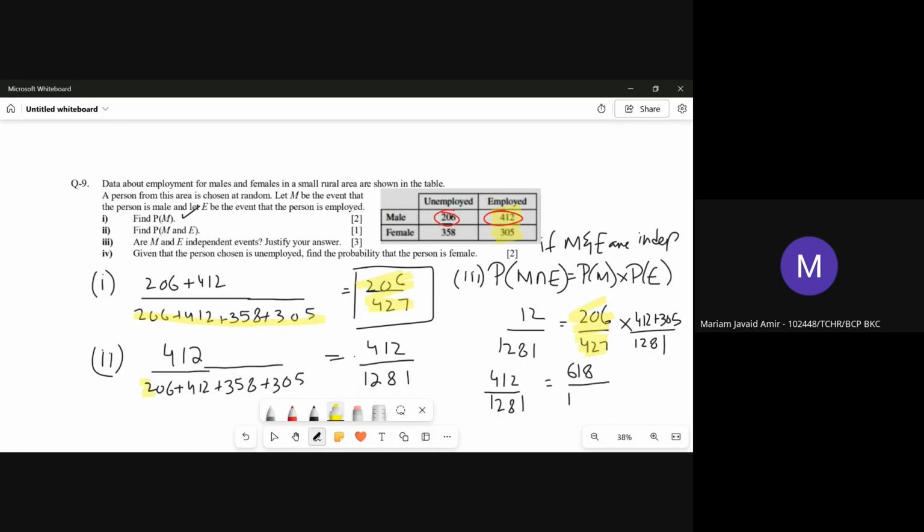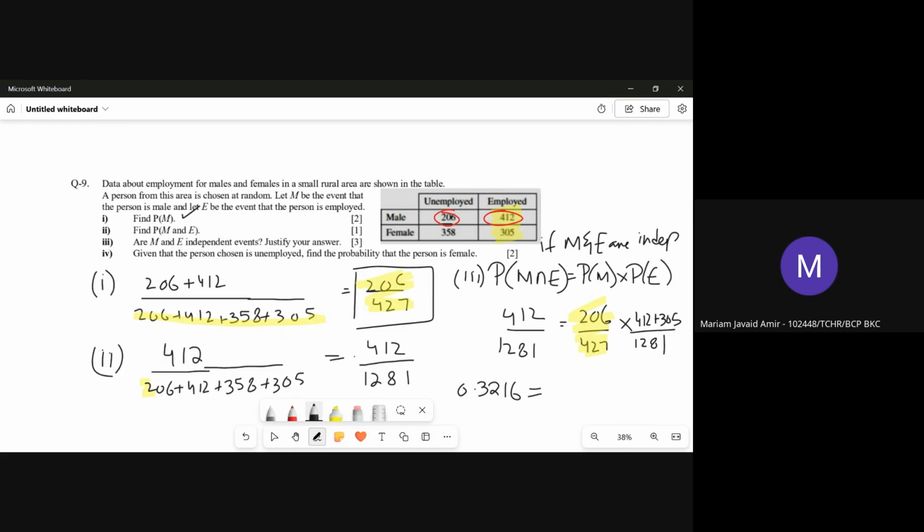Now we find this fraction and see if the left hand side is equal to the right hand side. There was a 4 here. So 412 upon 1281 is equal to 0.32 something. Is it equal to the product on the right hand side?